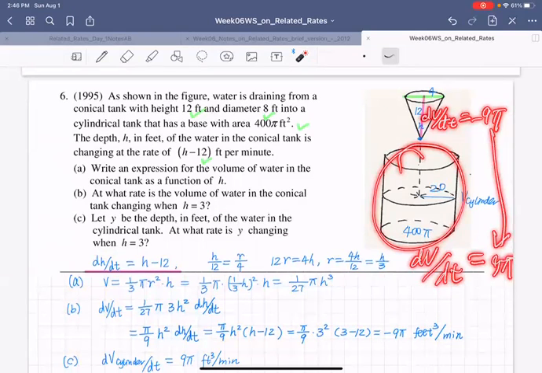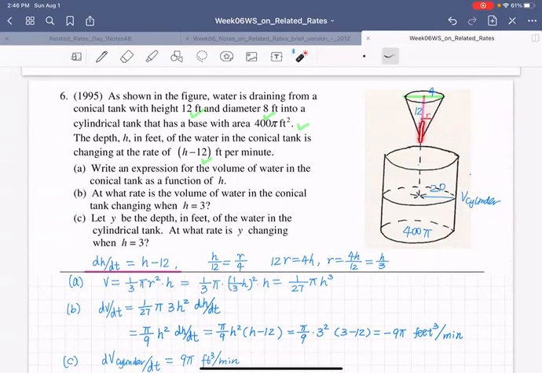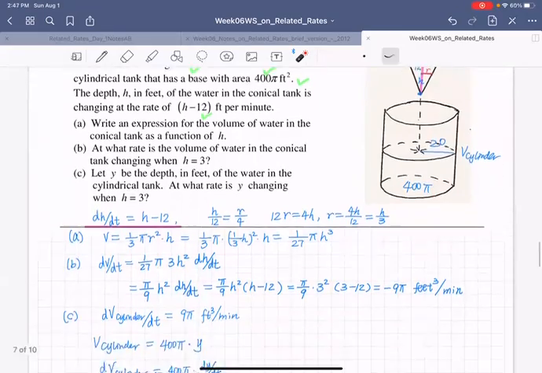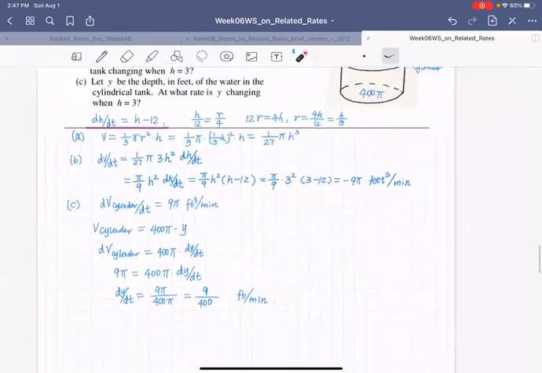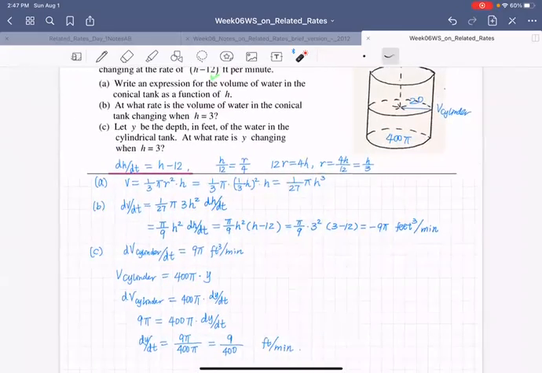The guy coming out here goes to here, right? So this 9 pi was contributed to this one. So this guy's dV over dt equals positive 9 pi. Make sense? So dV over dt is 9 pi for this guy, okay?